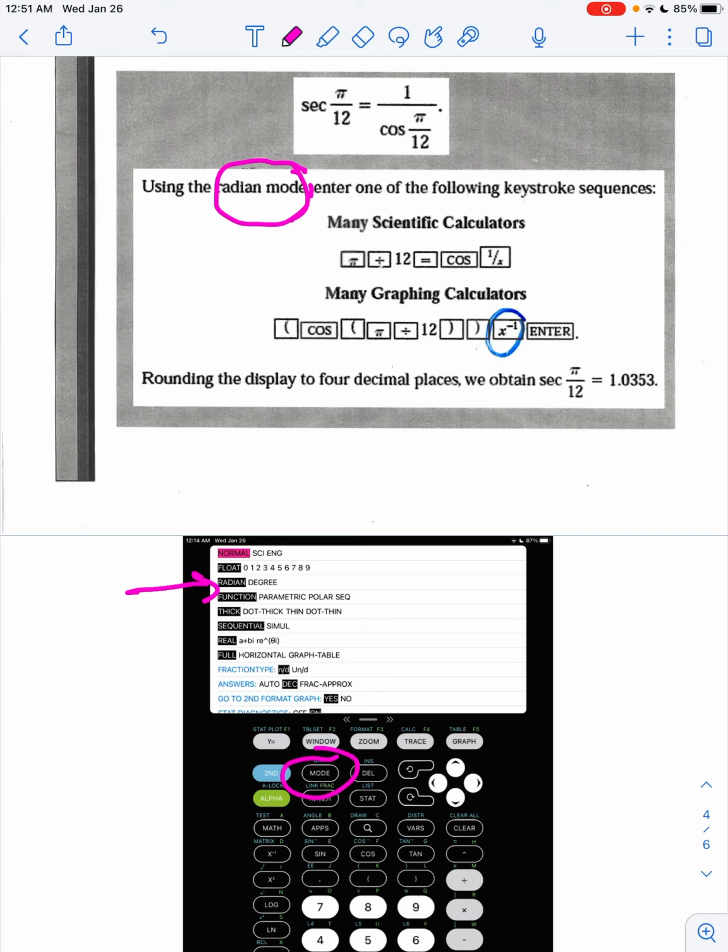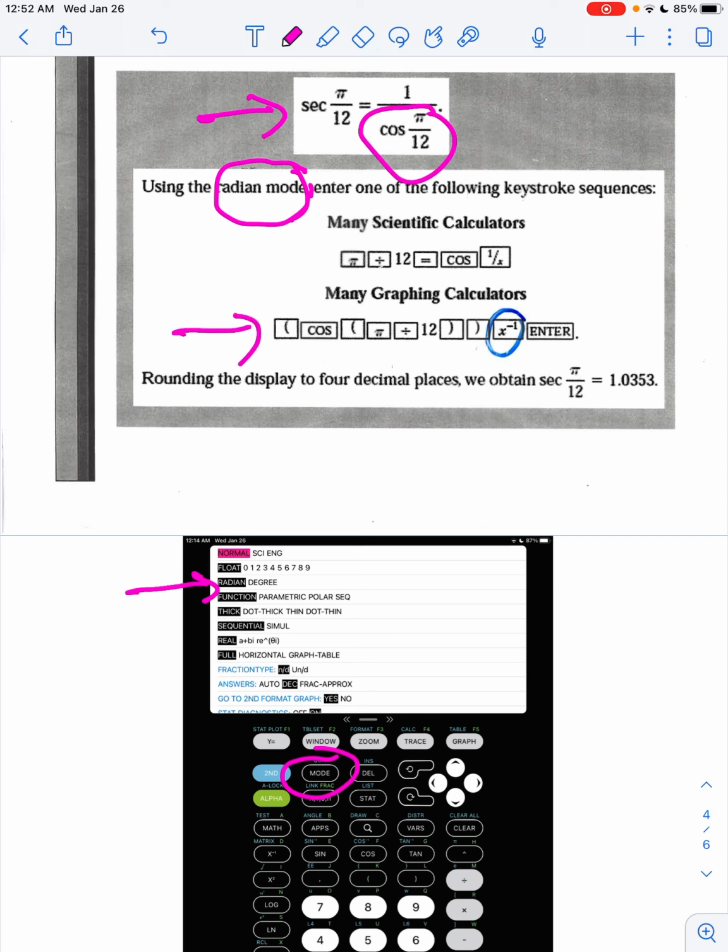That's the tricky part, because often people forget what mode they're in, although it does show you at the top right hand of your screen which mode you're in. So if we want to calculate radians, we need to switch to radians. And then you can see here, if I want to find the secant of pi over 12, I would first find the cosine of pi over 12, and then I would use the reciprocal.